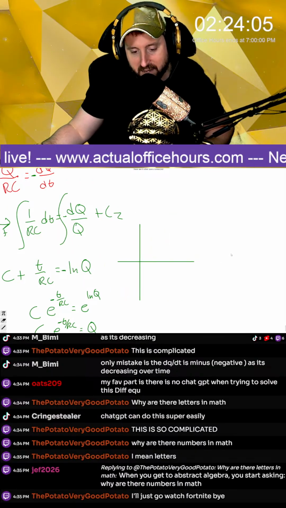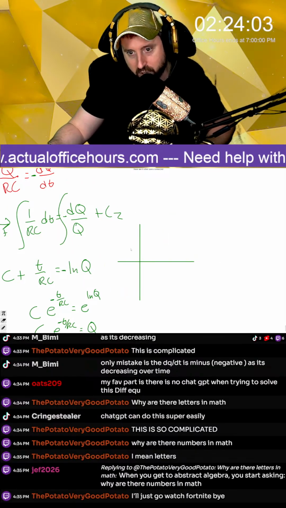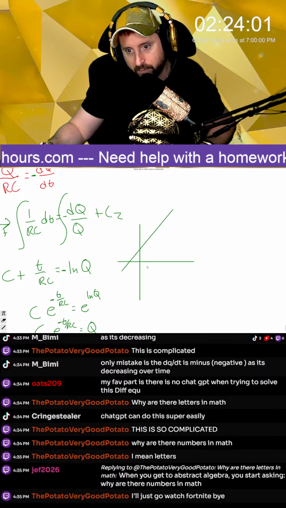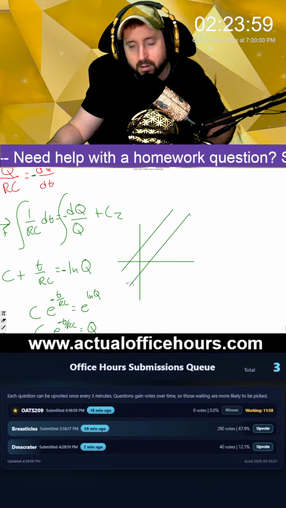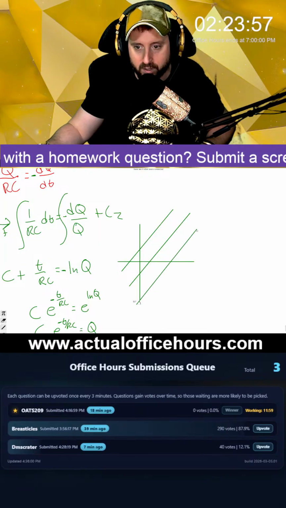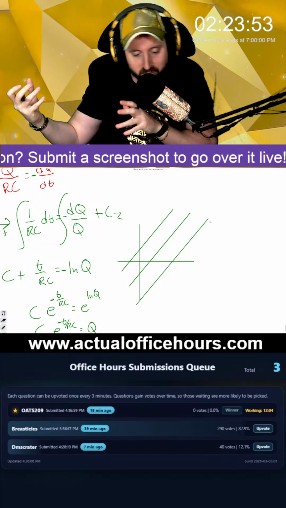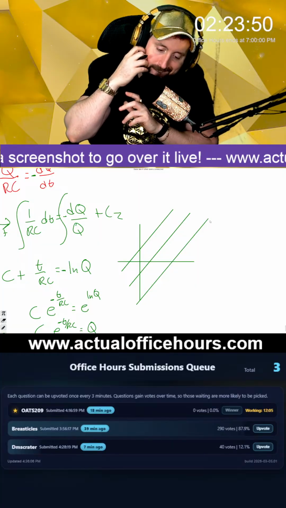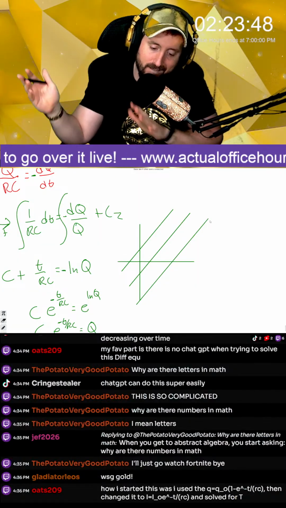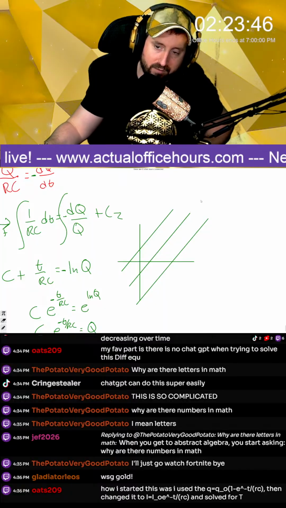The reason being is if you had a bunch of lines, for instance here, integration is called the antiderivative because what it does is... I'm trying to put this into words. All of these lines have the same derivative.